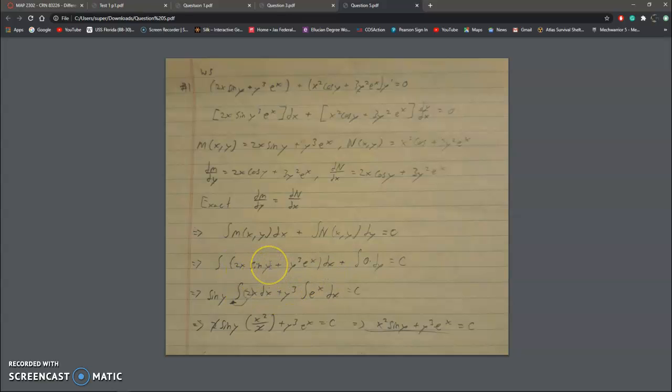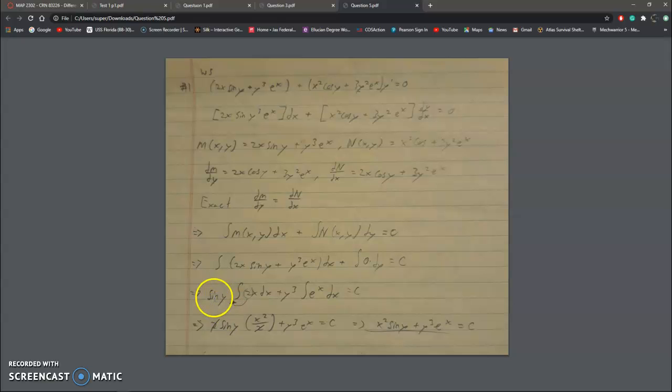For example, the sine y gets out, and then the e to the x is pulled off and separated, and the y cubed is also pulled out of the integration, which results in 2 sine y, because the 2 gets pulled out of here too.